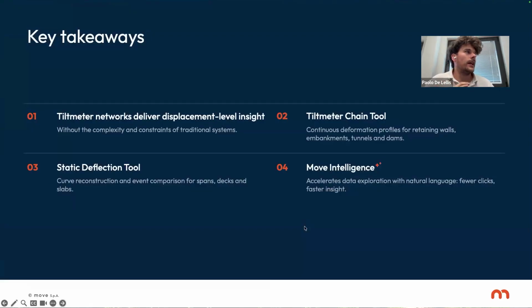So the key points of today's presentation is, of course, to give you an idea of a possible solution with our system and our technology.